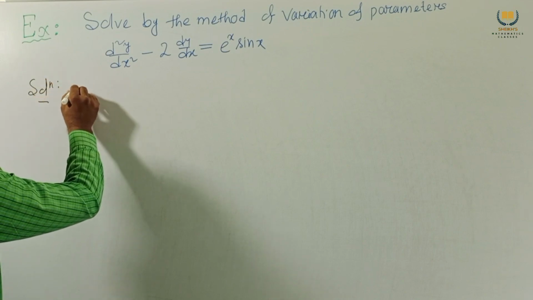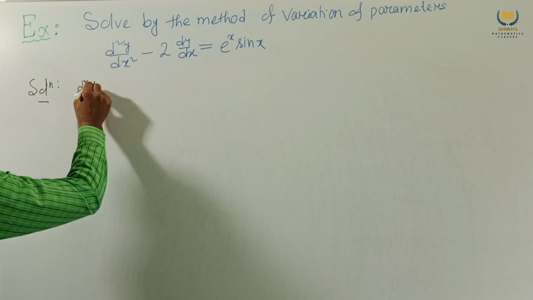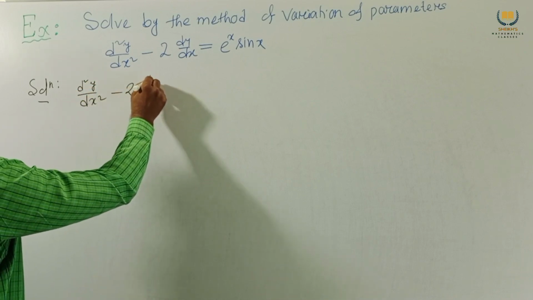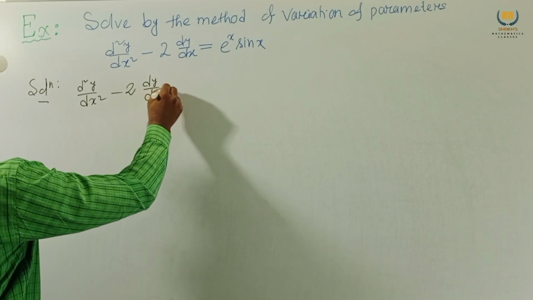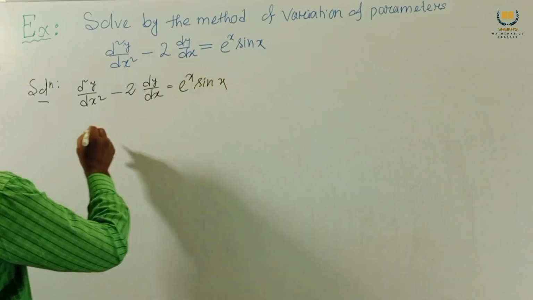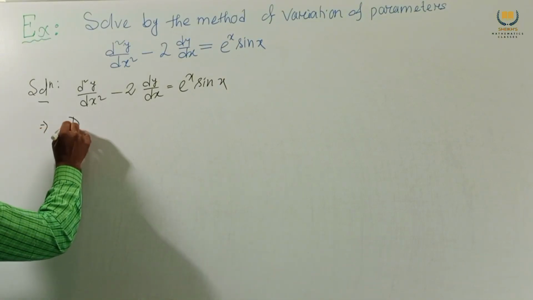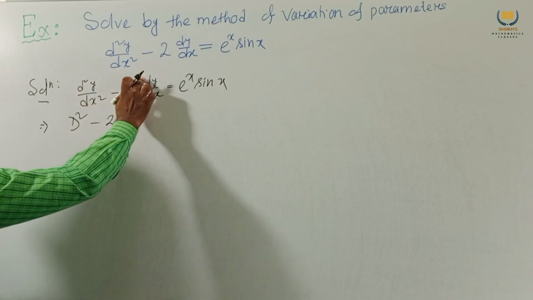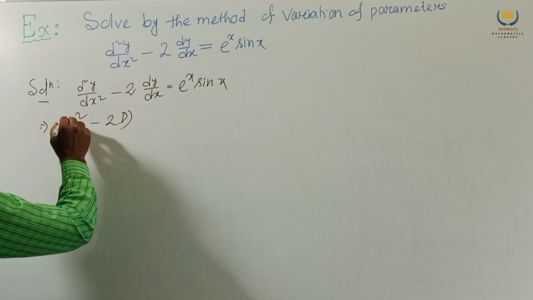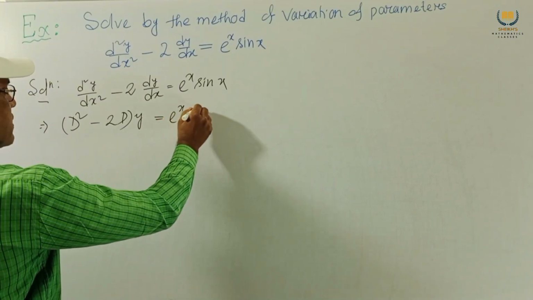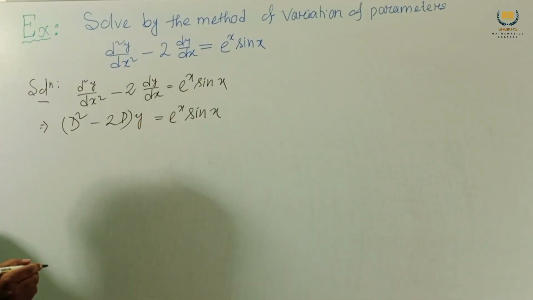So here given d square y dx square minus 2 dy dx equal to e to the power x sin x, and this can be written as (D square minus 2D) y, and on right hand side e to the power x sin x.